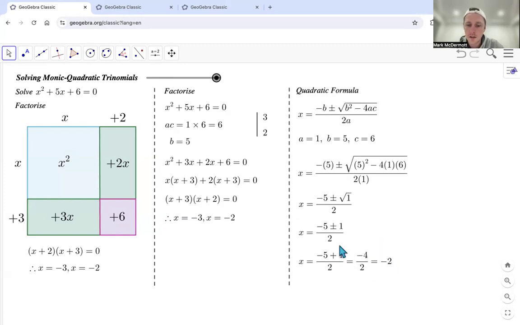And similarly, the other one is -5 minus 1 on 2, which is -6 on 2, which is -3. And we get the same answers, obviously, -2 and -3. So hopefully you can see two or three different ways to solve a monic quadratic trinomial there.